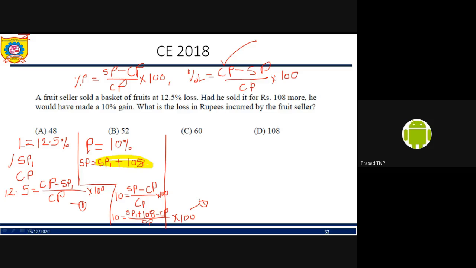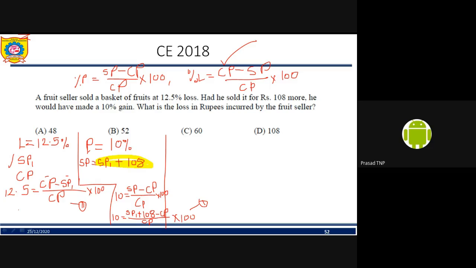Okay. Then what we can do is, from equation 2, we can substitute the value of cost price minus selling price, or selling price minus cost price. So how much is it coming?